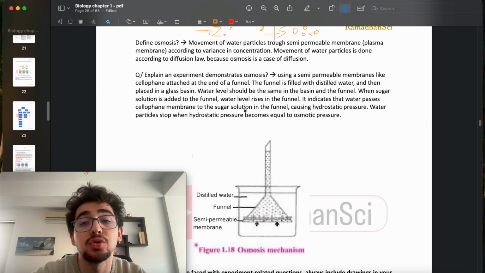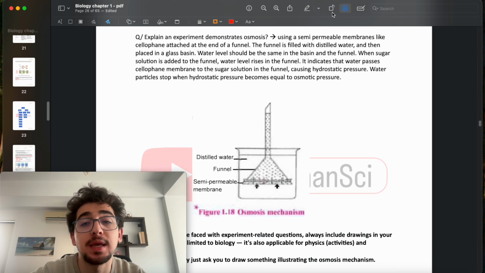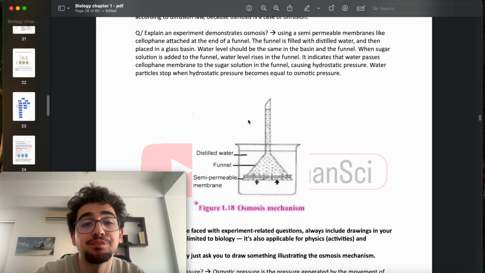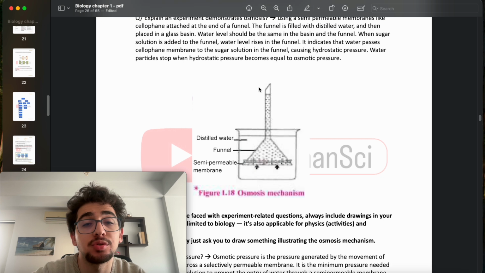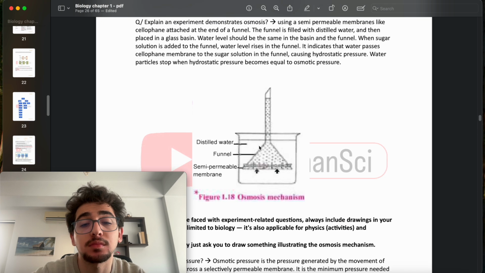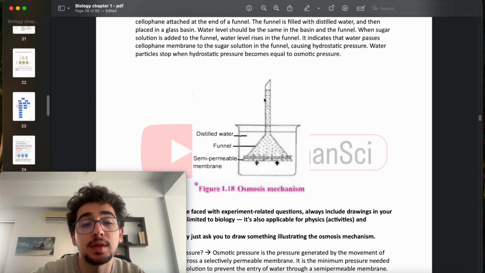So if they tell you to explain an experiment that demonstrates osmosis, we will have this. We have a water basin here and a water funnel here, and both are separated by a semi-permeable membrane. We use cellophane in this experiment.